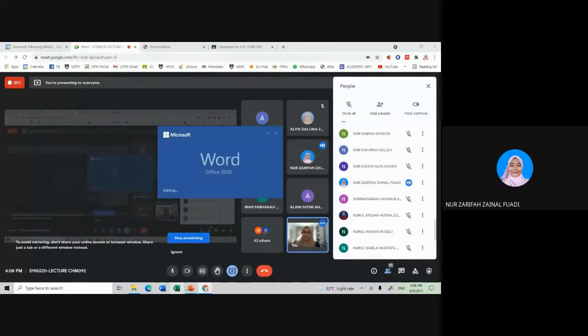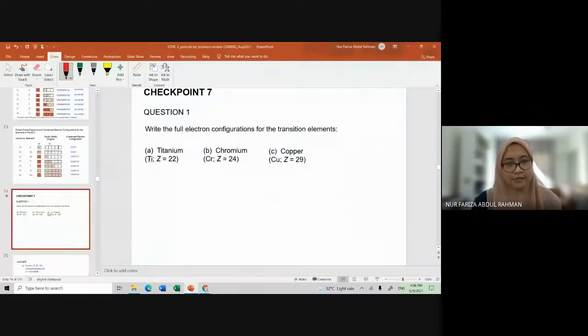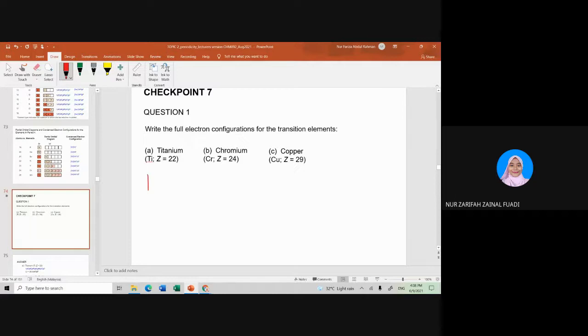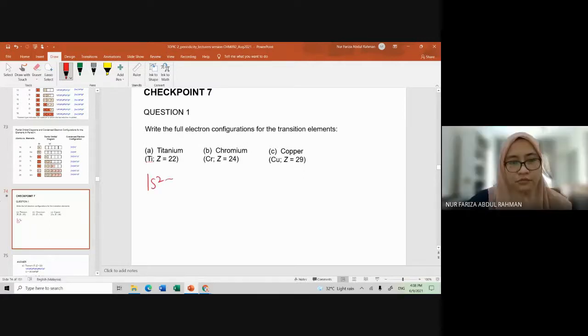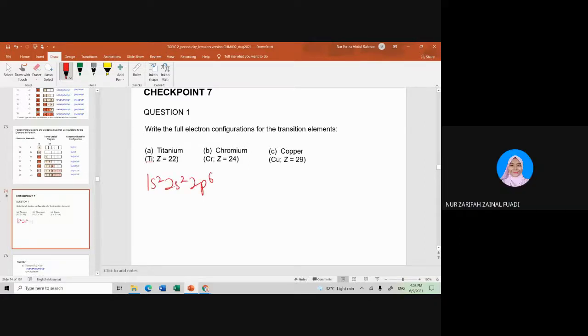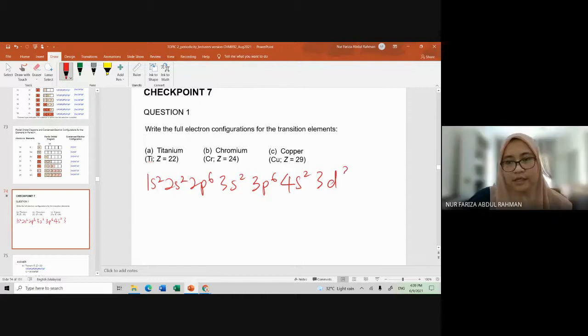The rest please check. Alright, Zarifah, what's your answer? 1s2, 2s2, 2p6, 3s2, 3p6, 4s2, 3d2. Okay, 3d2. So this is based on Zarifah's answer.